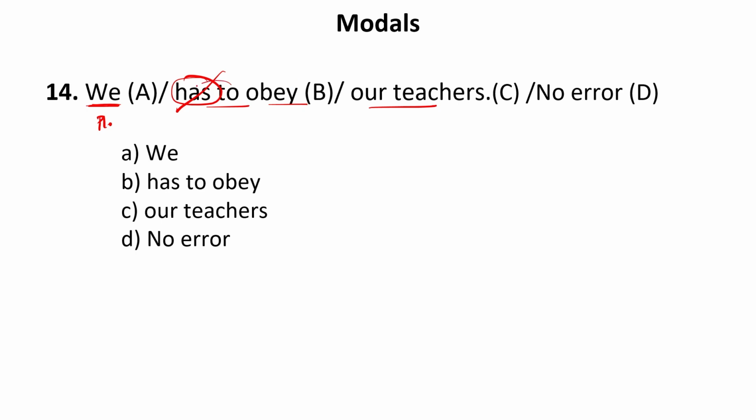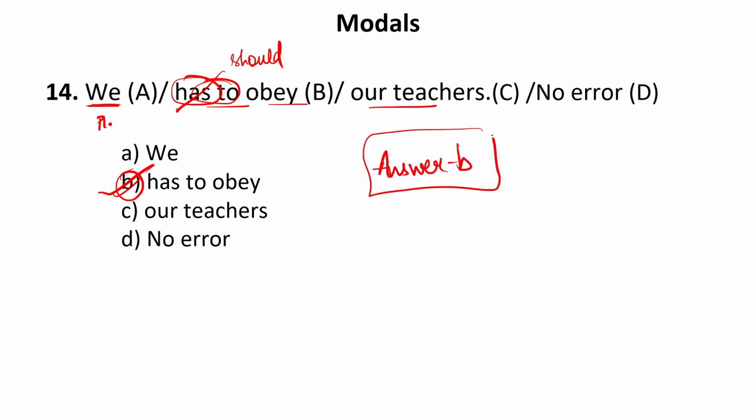So here has to is incorrect. In fact, we should write should. So the correct sentence will be, we should obey our teachers. So this B part contains the error. Here, subject-verb agreement as well as modal, both are incorrect.